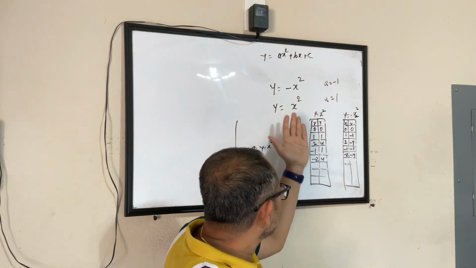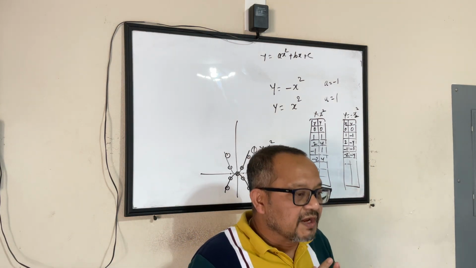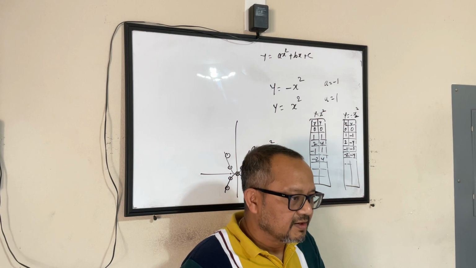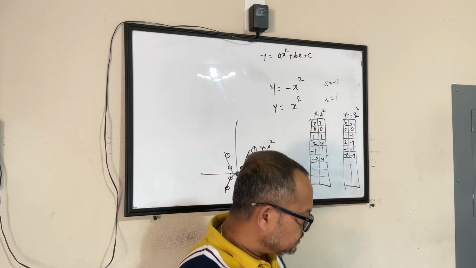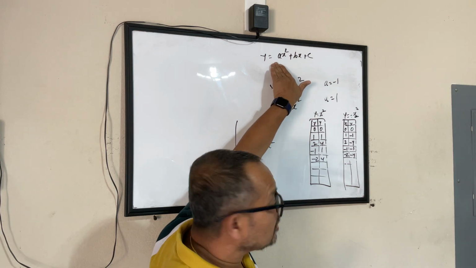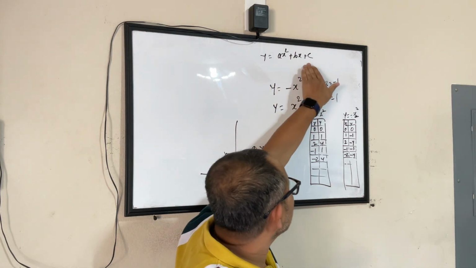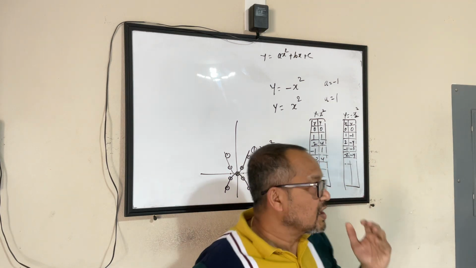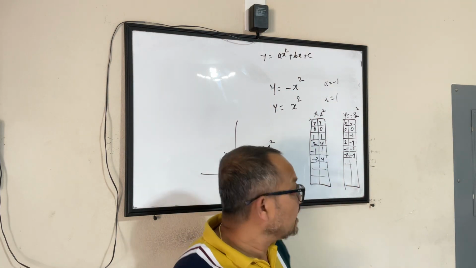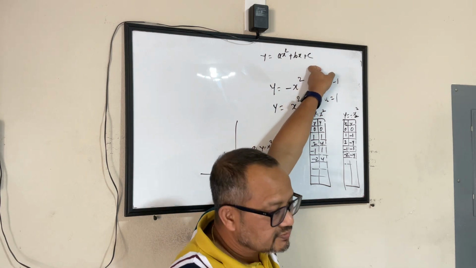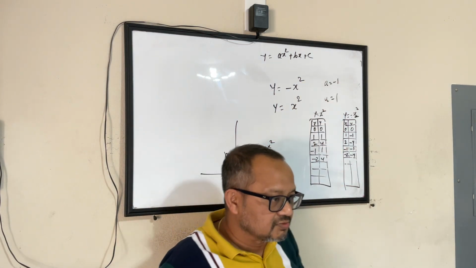So we just visually saw it to derive interpretation out of it. We saw what is the role that A plays, what is the role that C plays. When I'm talking about A and C, I'm essentially referring to the standard form of the quadratic equation and seeing what is the role of A and what is the role of C. These two we have observed just now.